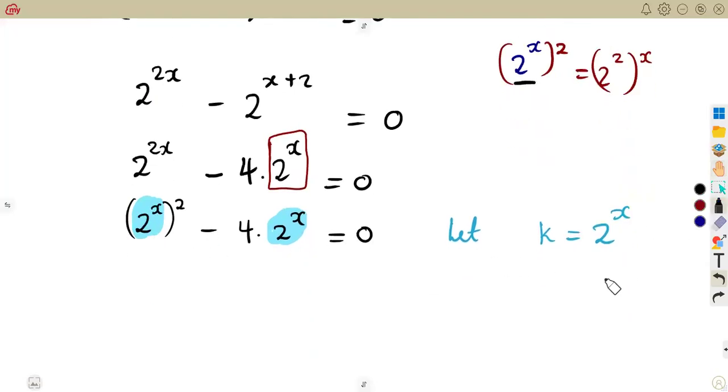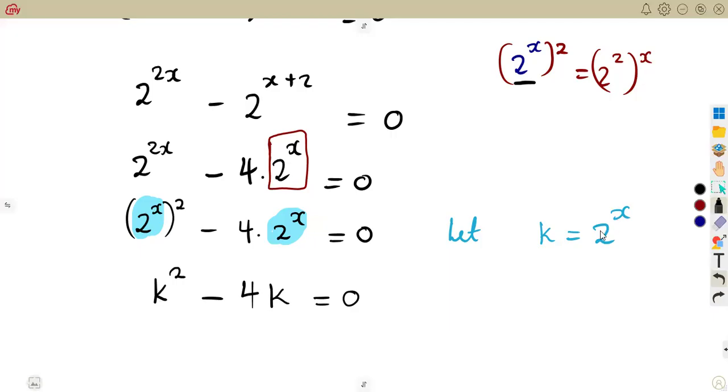So substitute now this with the k, that is k squared minus 4k. It is equal to 0. We introduced something which is not part of our equation, so we are solving for k this time, not x.